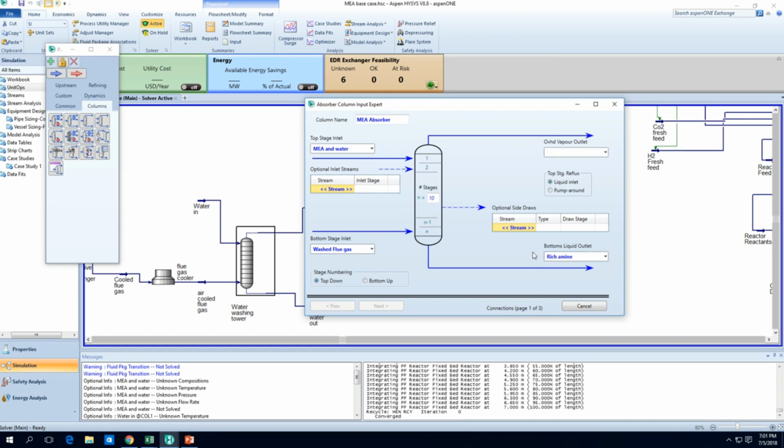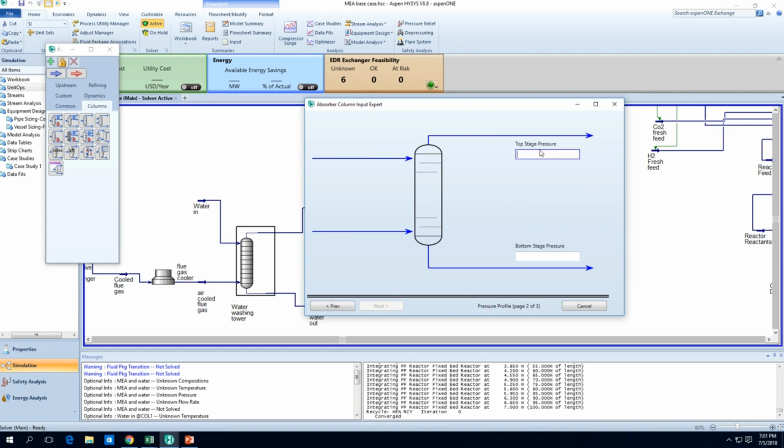Overhead will be scrubbed gas, scrubbed meaning to say there's no more CO2. Top stage pressure, we'll give it 101.3 or 102, basically atmospheric. At the bottom we will give or take 130, 150.